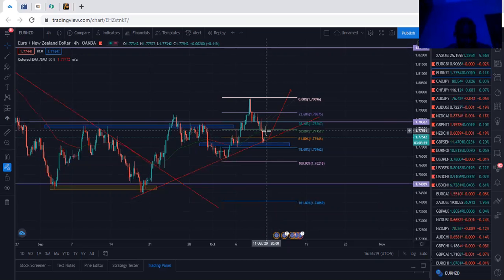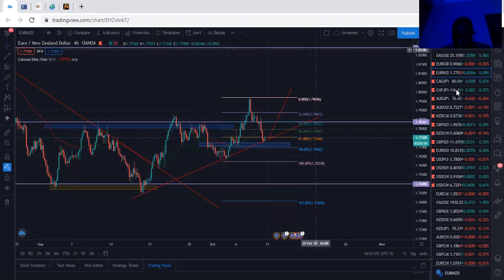A 1 hour bar can be violated any time. I need a strong H4 bar, or probably a morning star candlestick pattern. Then I will take my trade and target the previous high, which is here, or target the overall high, which is here, and take my profit from there.